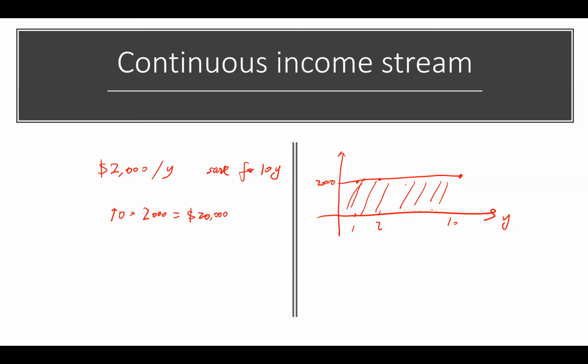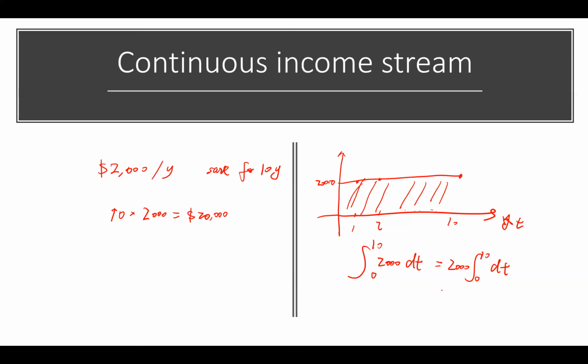In notation, we actually want to integrate this curve with respect to time, so dt, going from 0 to 10. This is another equivalent expression. We can move 2,000 outside and do the calculation.